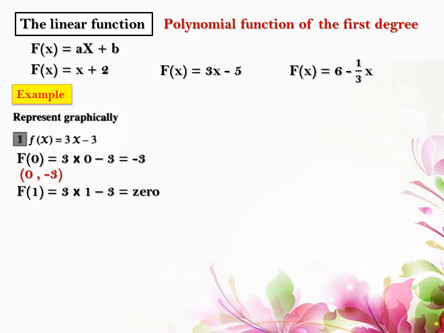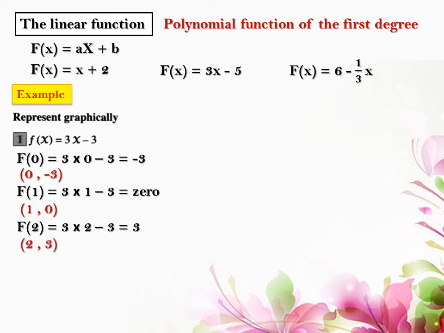So we can form the ordered pair 1 and 0. Next, the third value is 2. 3 times 2, 6, minus 3 is 3. Now we can form the ordered pair 2 and 3.